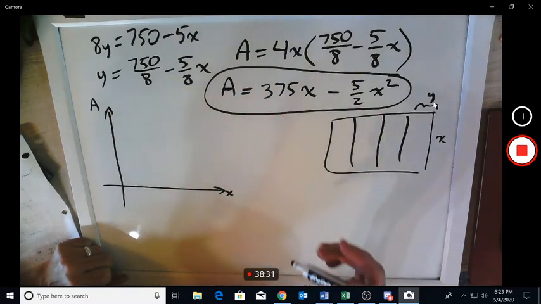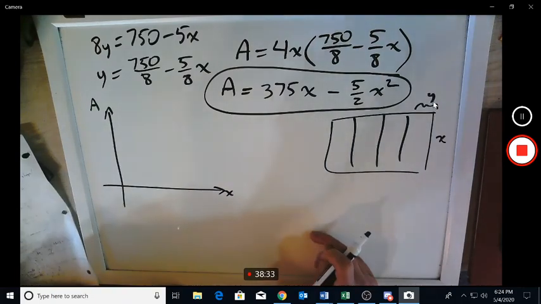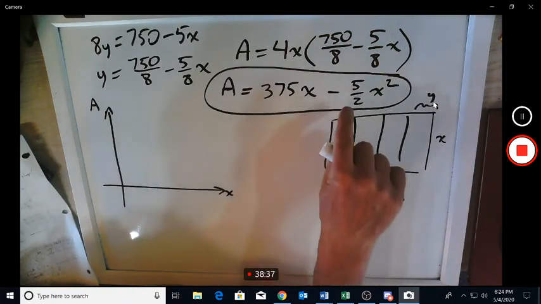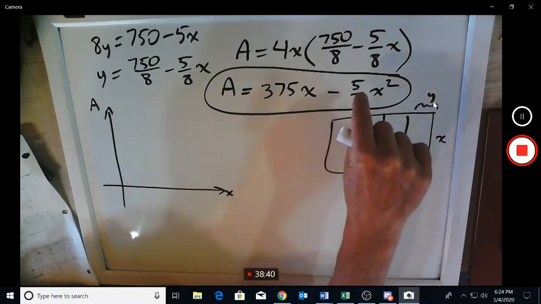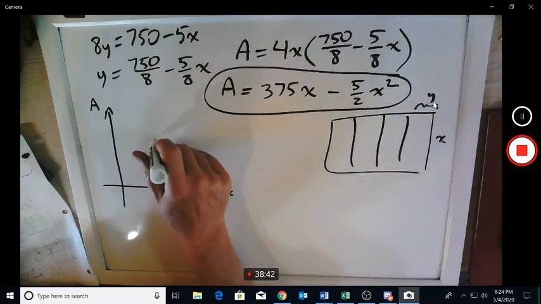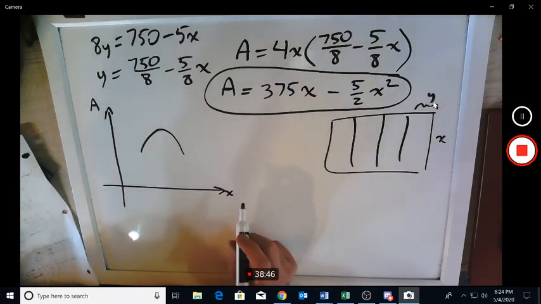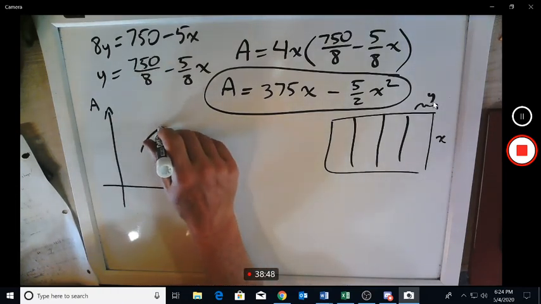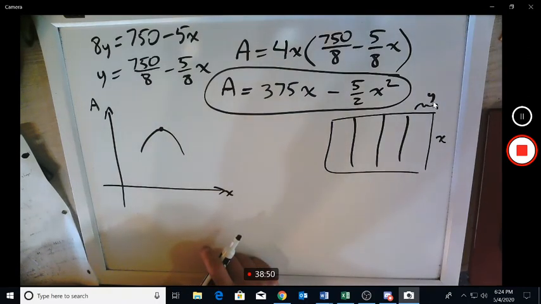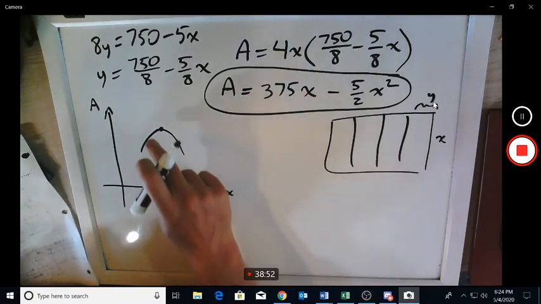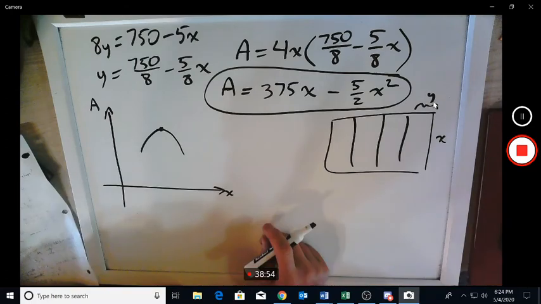And then, oh yeah, this is a parabola. It is a downward parabola. And with the leading coefficient for x squared being negative, it's going to be like this. And then we are going to be finding this point right here, the vertex of the parabola.